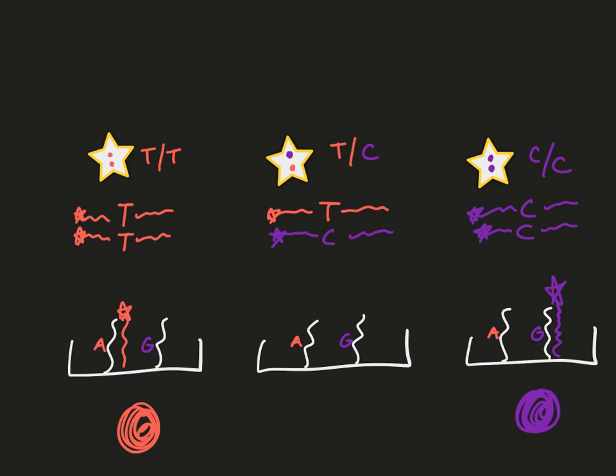Now, for the individual that is heterozygous, on one chromosome it has the T allele of the SNP, and on the other chromosome it has the C allele of the SNP, so both DNA sequences are present. So when I wash them over the probe, they will hybridize, and I will see not only the red dot, but also a purple dot too. So when I look under the microscope, I see both, and that lets me know that that individual is heterozygous at this SNP.